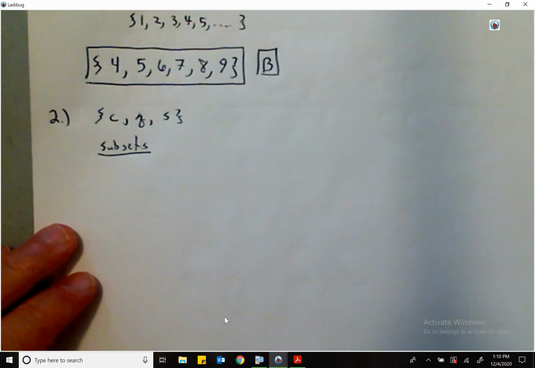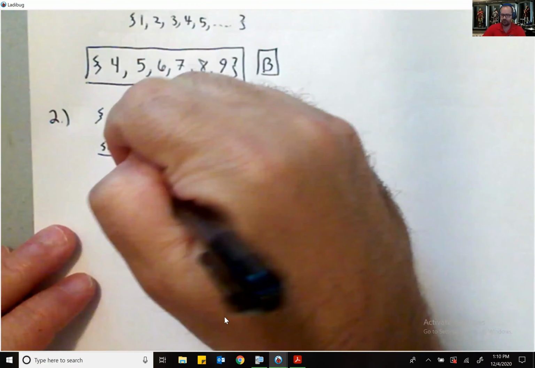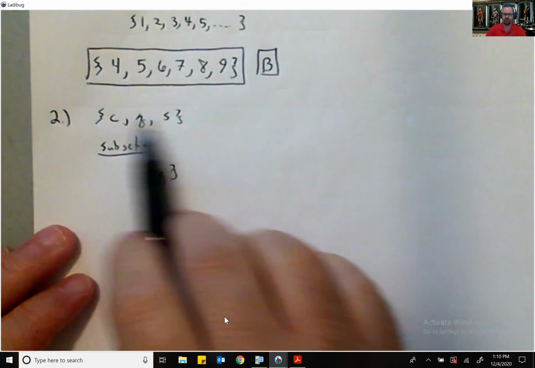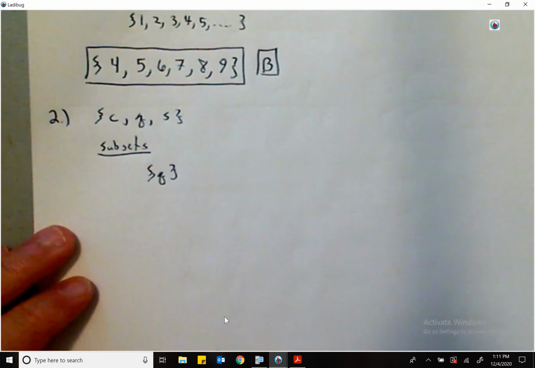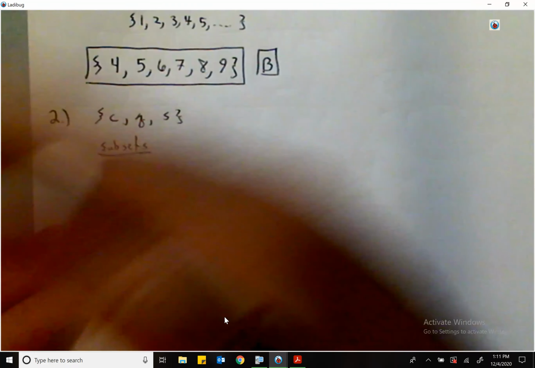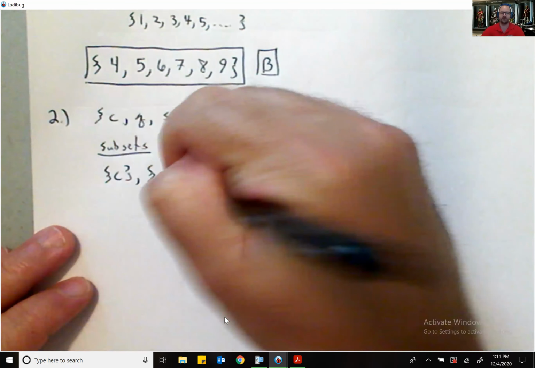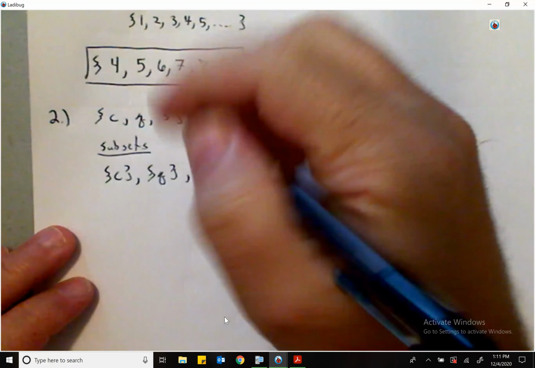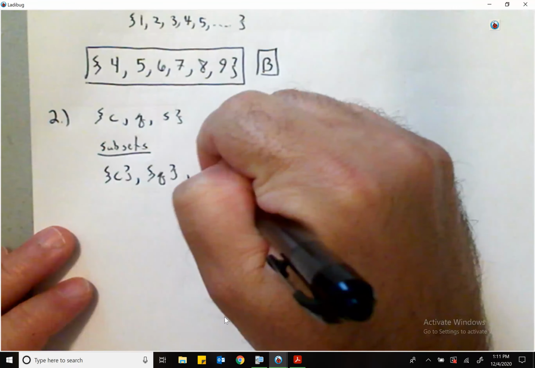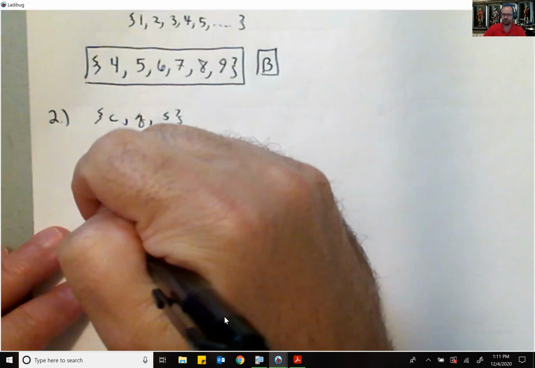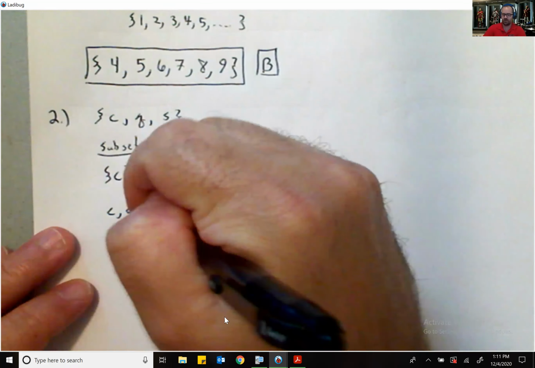Yeah, one of them will just be Q, because that is a piece of the original. What else? C, yeah, we'll have C as a subset. What else? S. CQ, perfect.